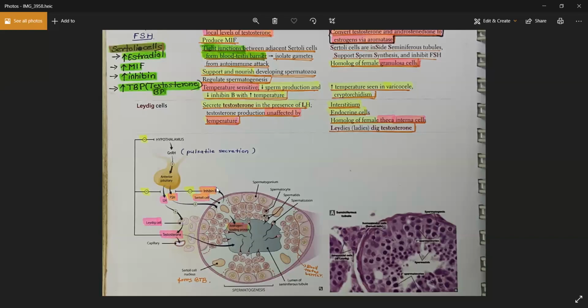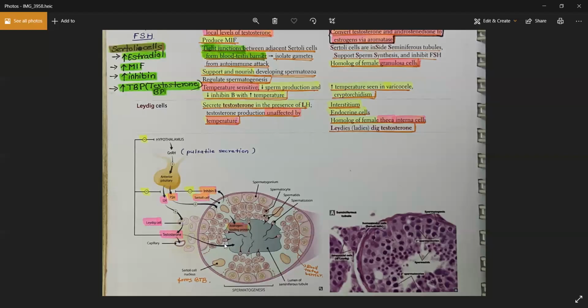So as you can see, for the entry of testosterone into the seminiferous tubules, I require the Sertoli cells, right? Because these cells will release the androgen binding protein that increases the concentration of the testosterone in the seminiferous tubules. I need this testosterone for the maturation of my sperms.